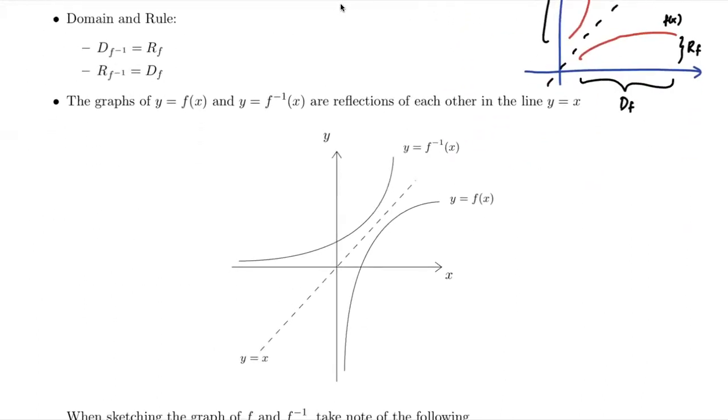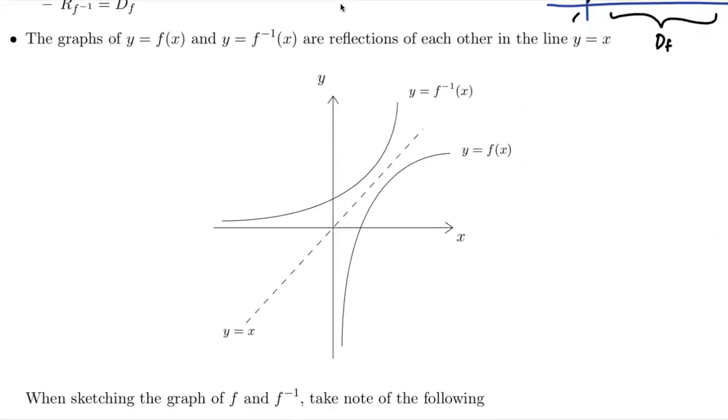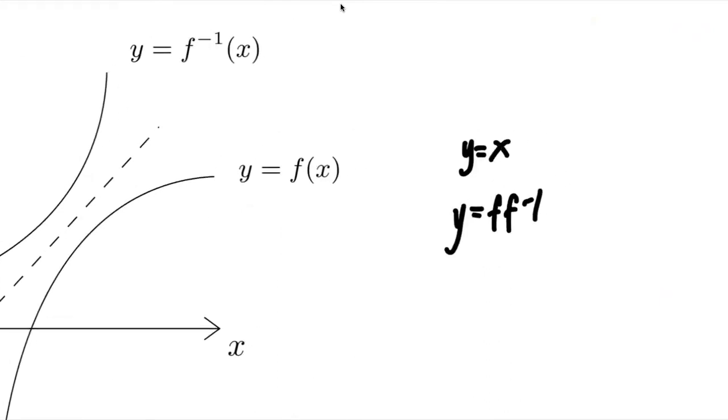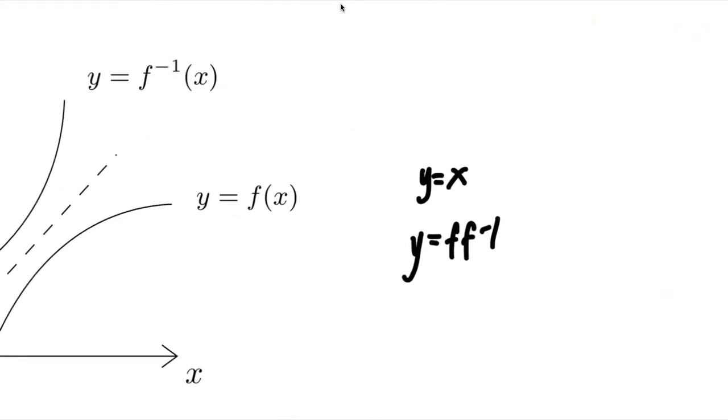Okay, very good. Now, we all know that the graphs are reflections about the line. I want to say some things about this particular concept. There are differences between drawing the line y equals x and y equals f inverse. Let's talk about the difference. You only draw the line y equals x when the question says show relationship.